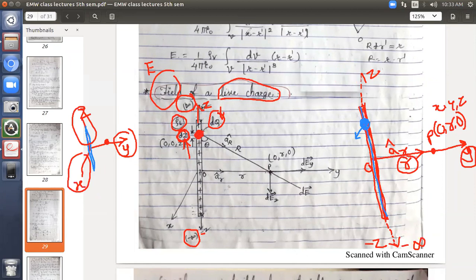Okay. So if I consider that small point, this is our point of observation where we want E. And now we have considered a small shaded area of length dz whose charge is dq and which has the line charge density rho L. Extend this line, and from this point towards point P, assume this is your capital R, a distance vector, and the unit vector associated with capital R will also be in the same direction.